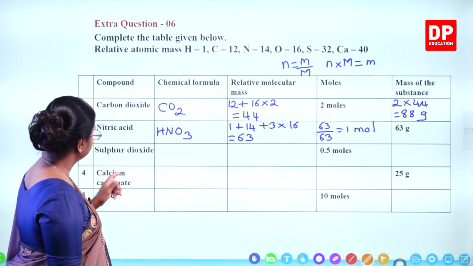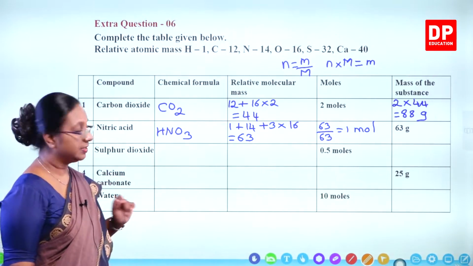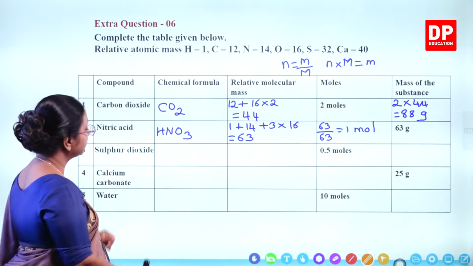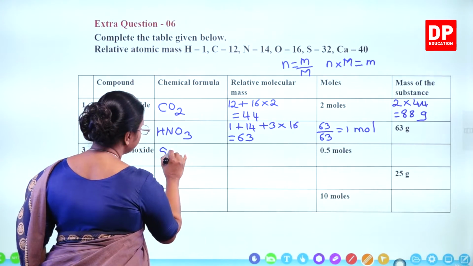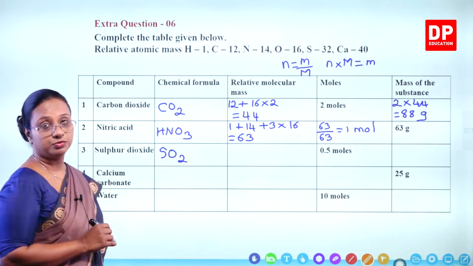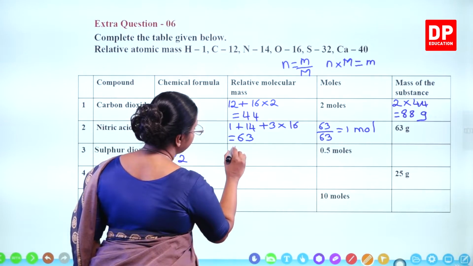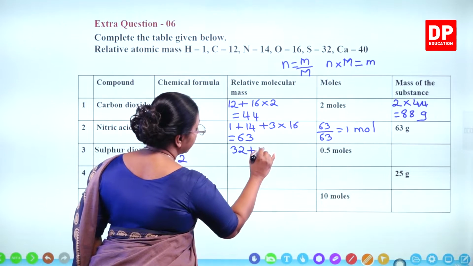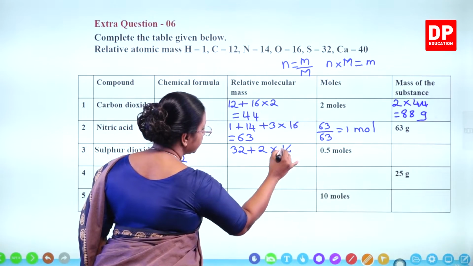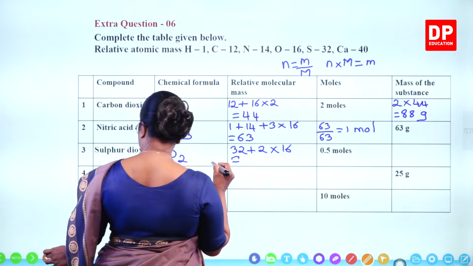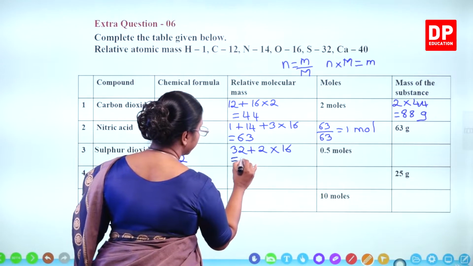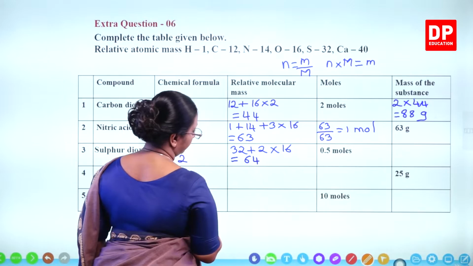Then the next one, sulfur dioxide. Sulfur dioxide, what is the chemical formula? You are used to it now, SO2. Then how do we calculate the relative molecular mass? Sulfur 32. There are 2 oxygens into 16. So that will be equal to 64.